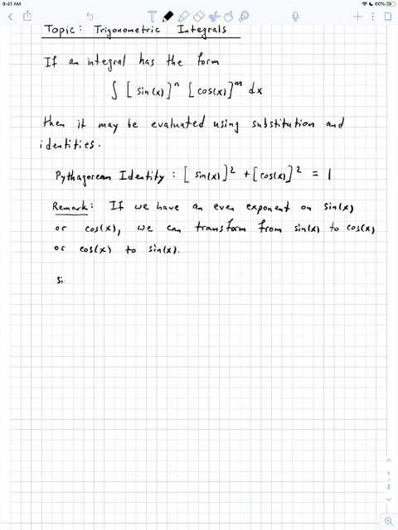So if I have sine of x to the 6th power, so the exponent is even, then I can always write this as sine x quantity squared raised to the 3rd power. And then I can use the Pythagorean identity here.